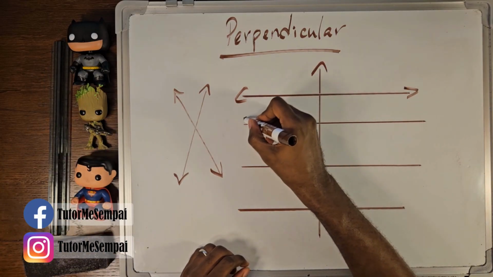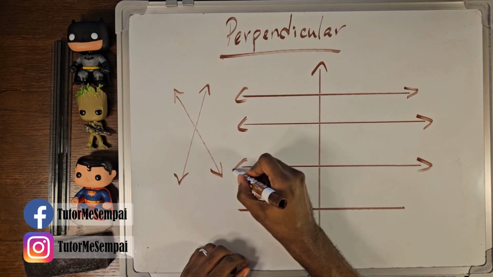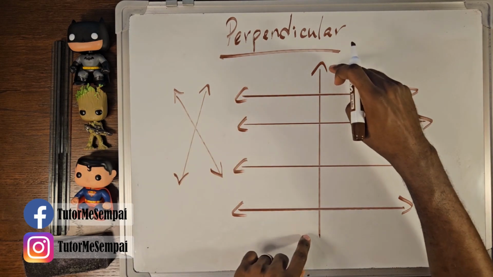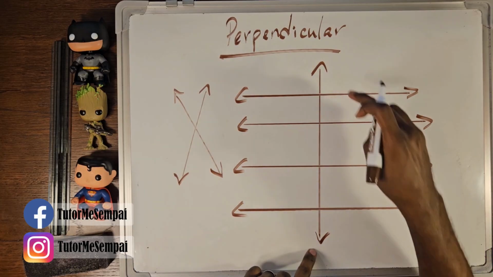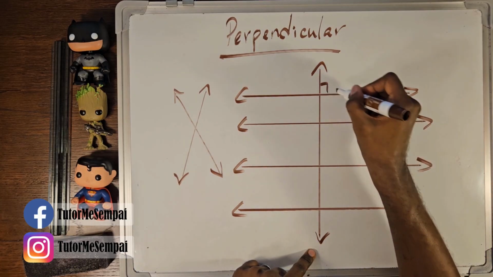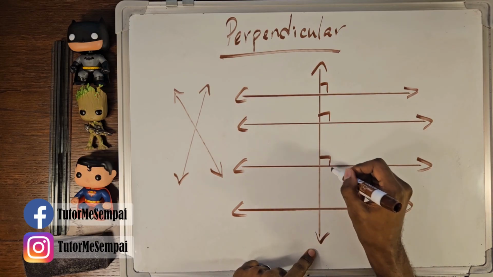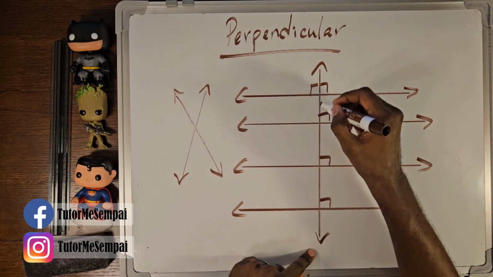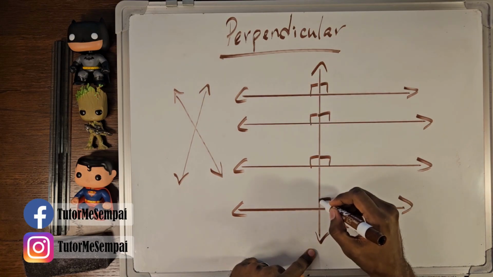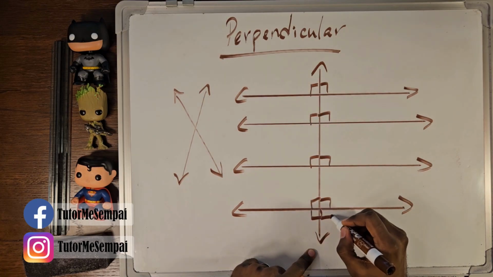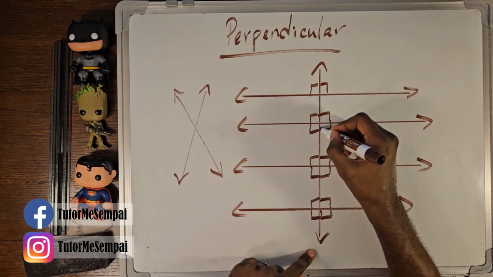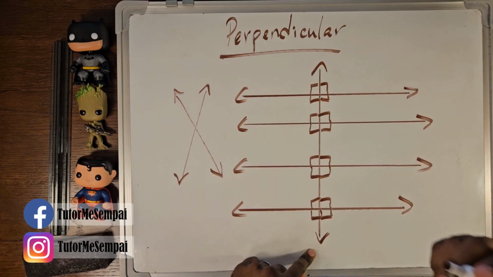All of these are perpendicular. All four of these lines are perpendicular to this line here because each one of them is going to create that 90-degree angle everywhere it intersects.